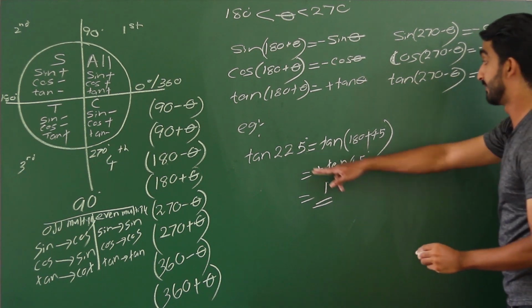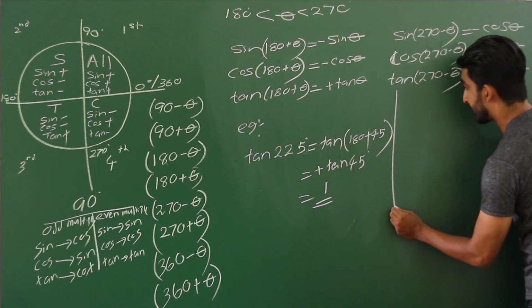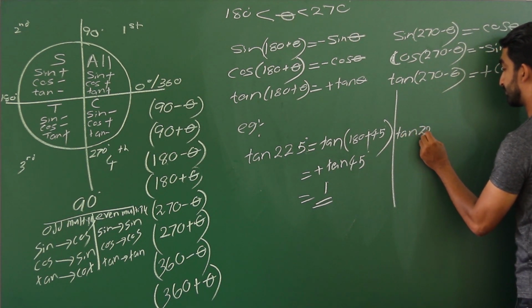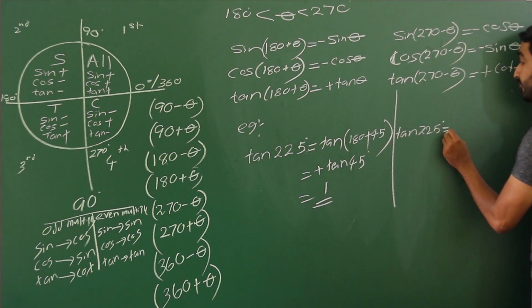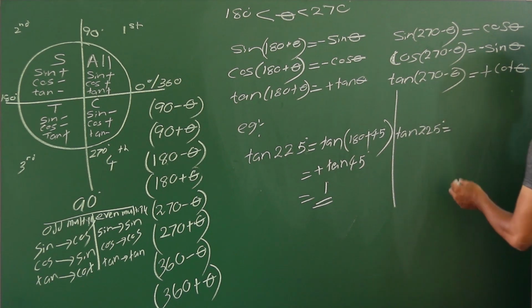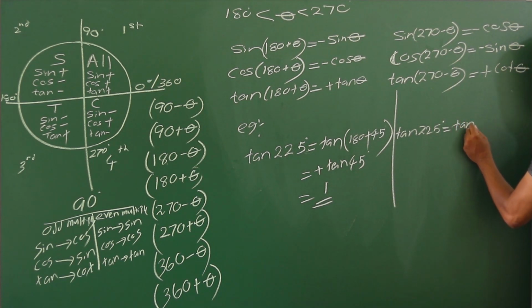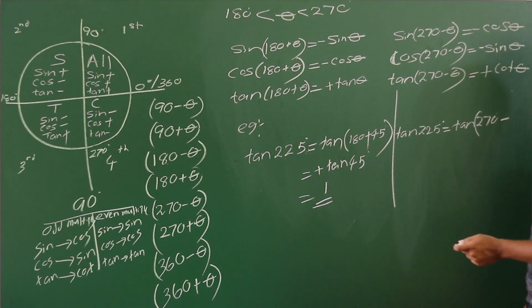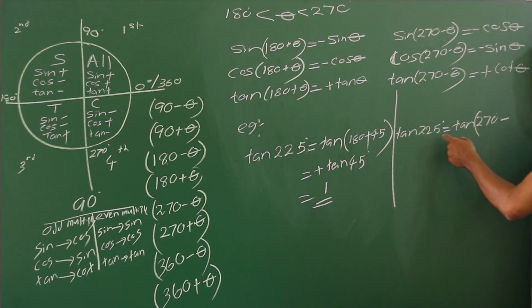Moving into the same example, tan 225. Now we can write it as tan(270 minus 45), because when you subtract 45 degrees from 270, it will be 225 degrees.